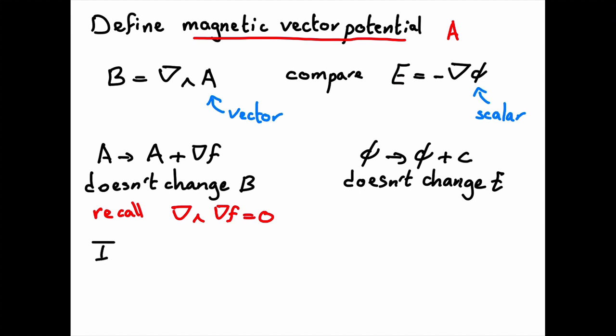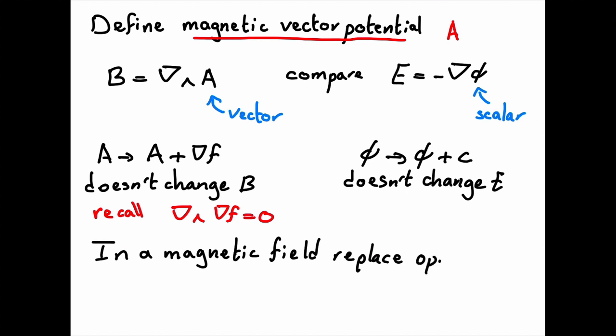So the idea is that in a magnetic field, we replace the operator P, the momentum operator, so we replace P with P minus QA, okay, and this is what's often known as the canonical momentum.